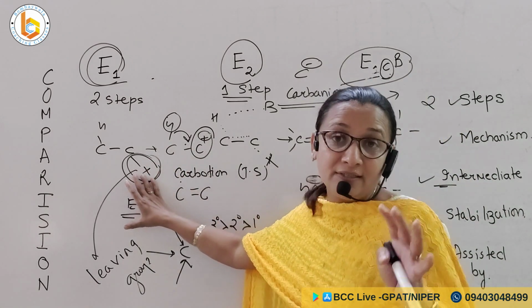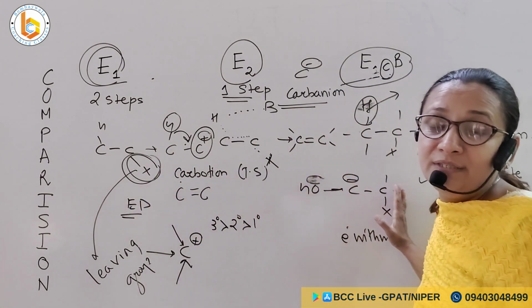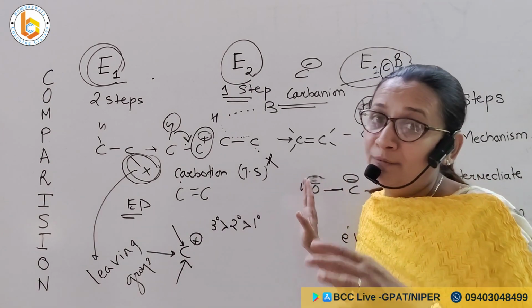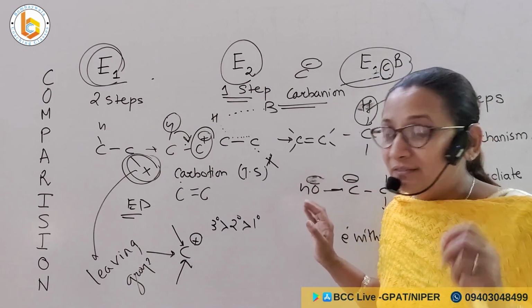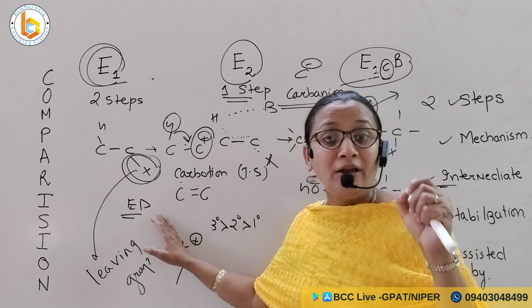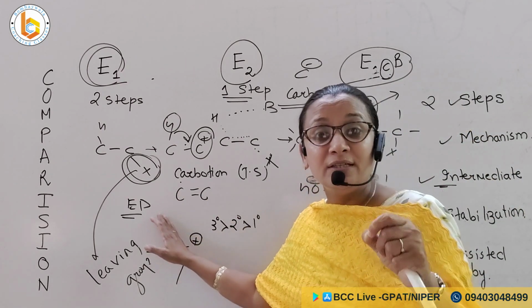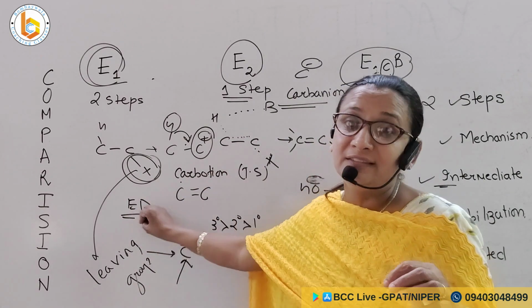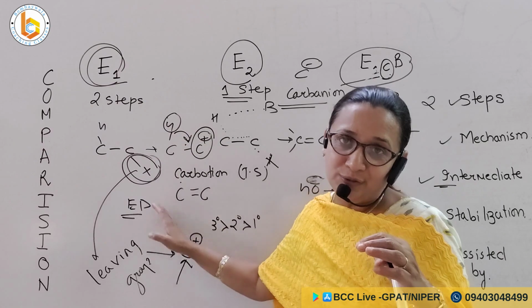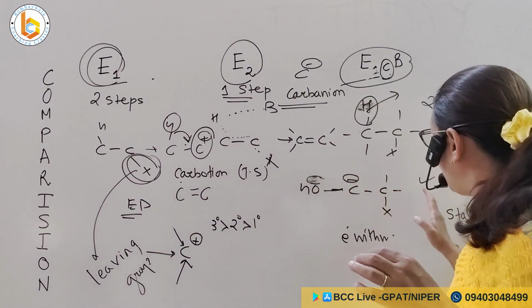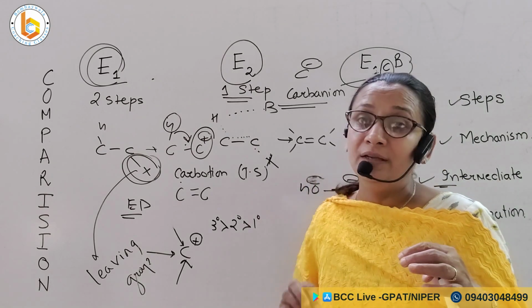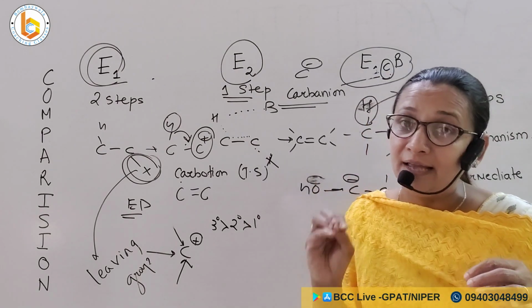Here the intermediate is a carbocation, and here the intermediate is a carbanion, a carbon with a negative charge. Since the intermediate is a carbocation, electron donating groups will stabilize elimination first order. Since the intermediate is a carbanion, electron withdrawing groups will stabilize the E1CB reaction.